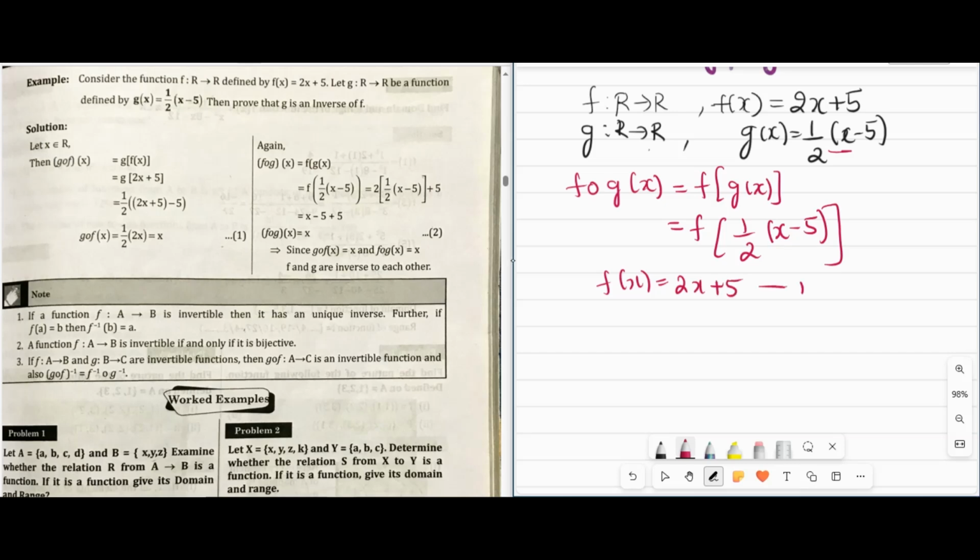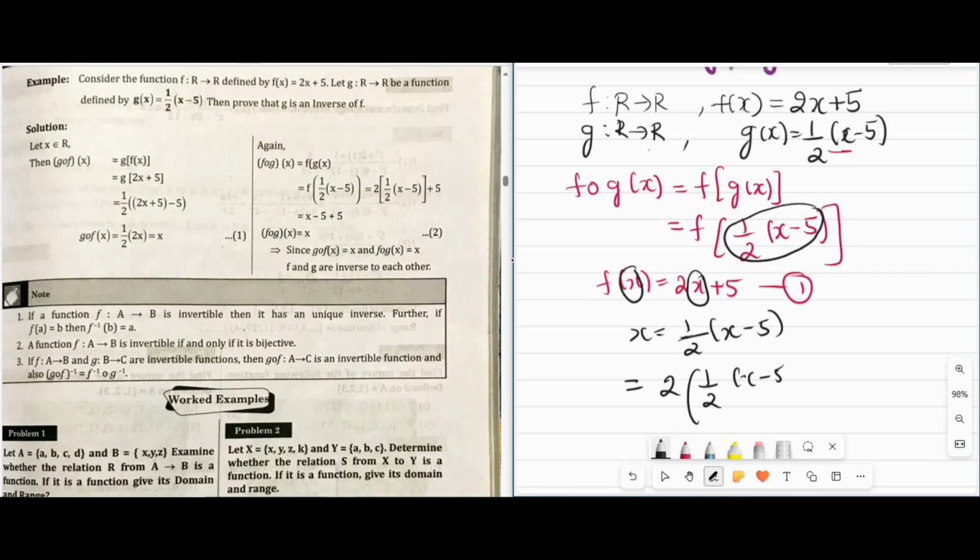Call this equation 1. Now compare the x value with the f of x function. So x is changing to 1 by 2 x minus 5. Now substitute this value in equation 1. We get 2 into, in place of x we write this value, that will be 1 by 2 x minus 5, and this plus 5 as it is.